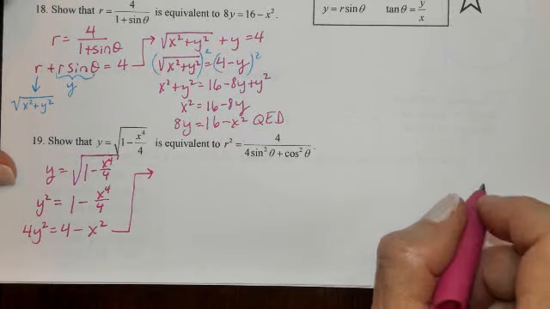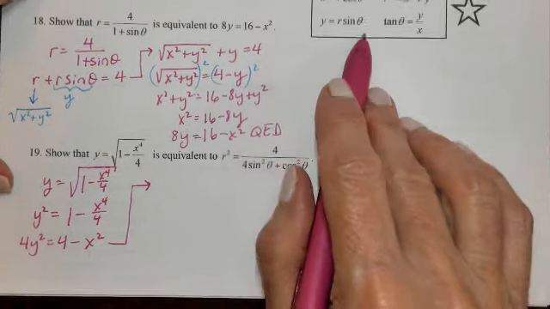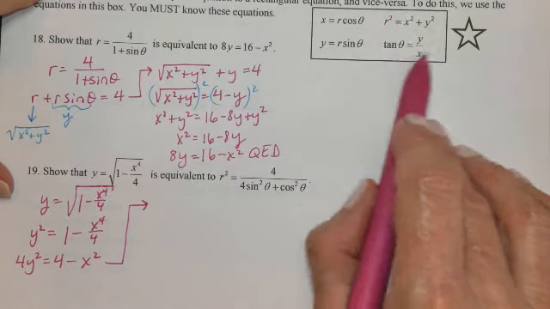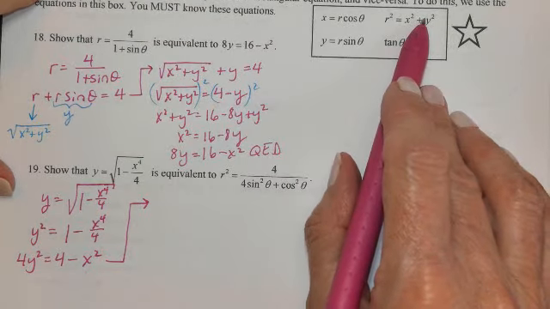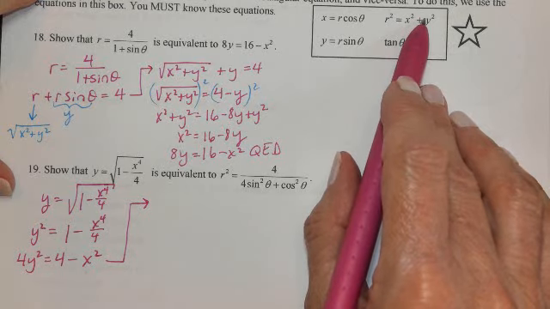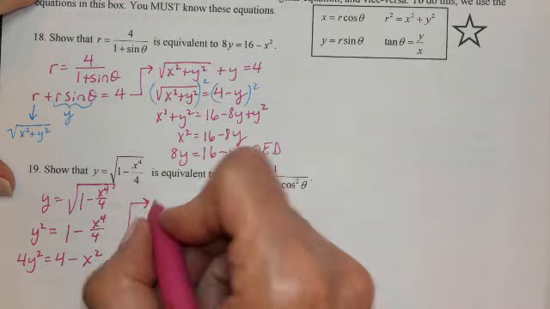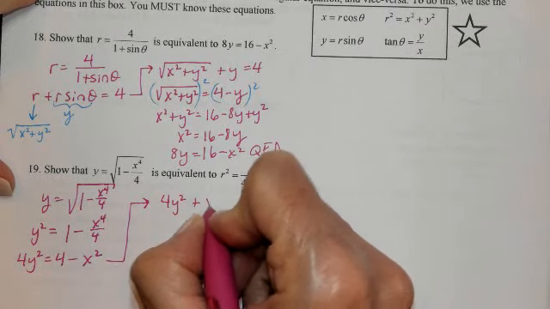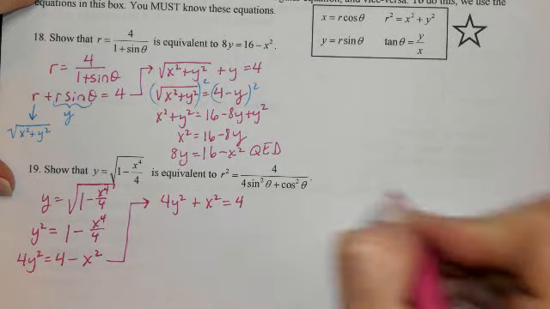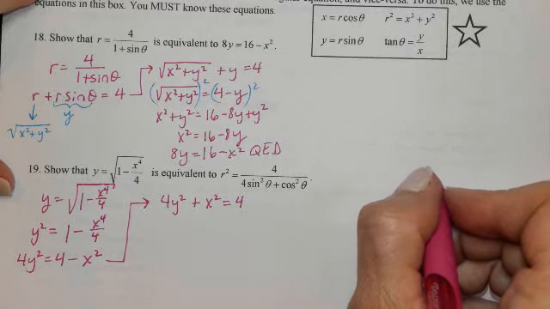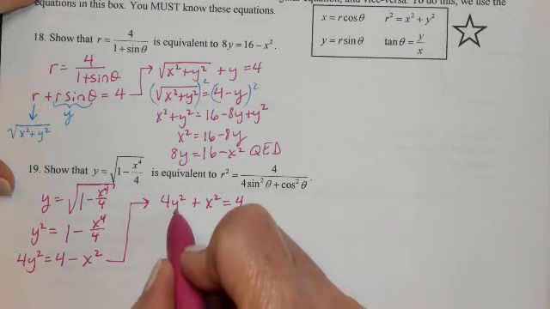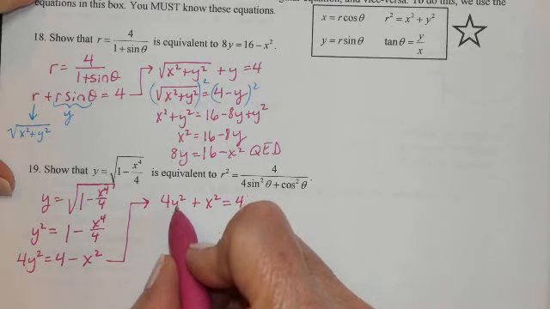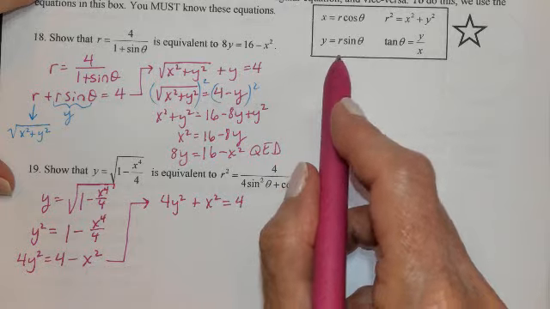Now what? So think about what we can do. Here's what we have to go by. I see that x squared and y squared, and that's looking kind of nice. So I'm going to move my x squared over on that side. And now I'm going to substitute. In place of y, I'm going to put r sine theta.